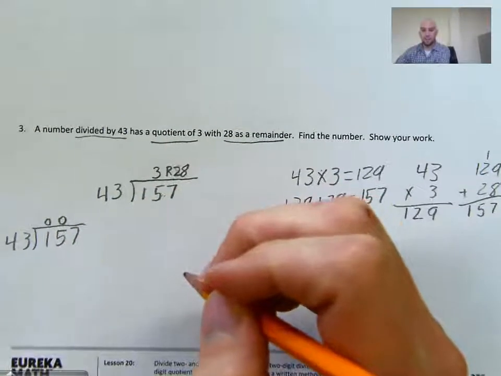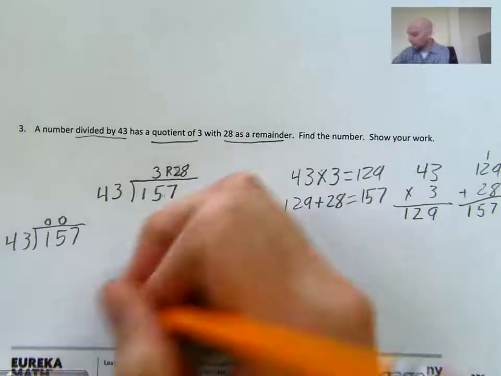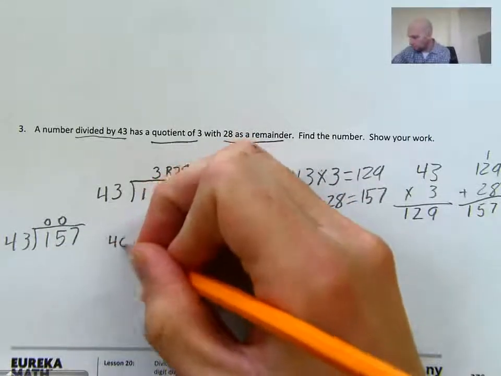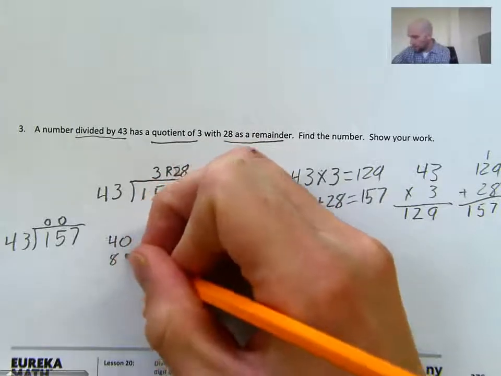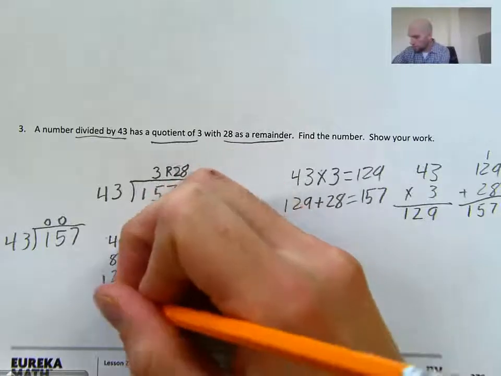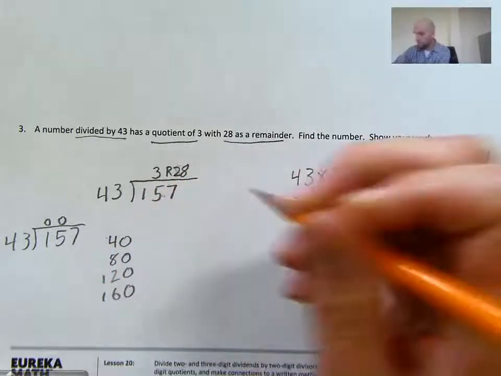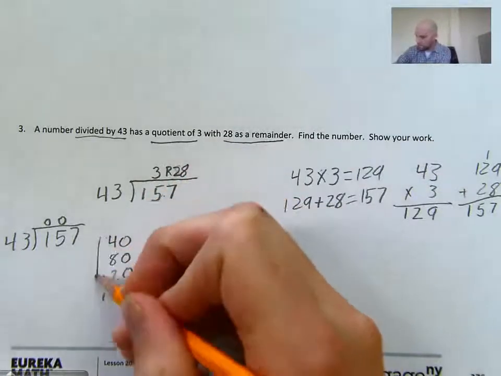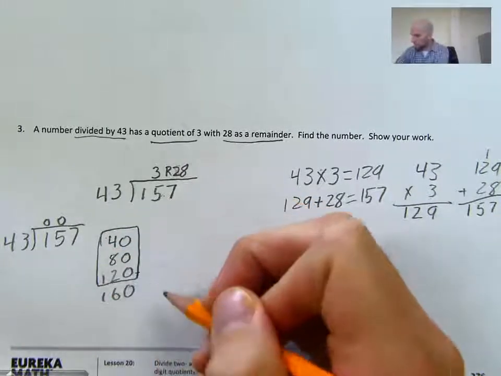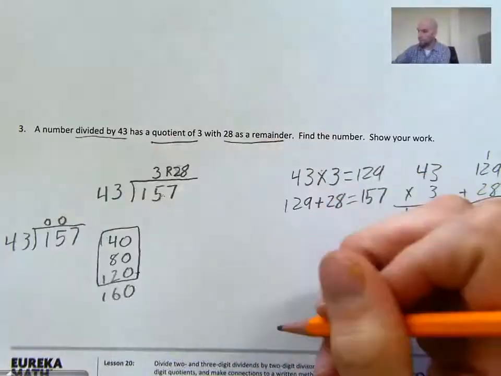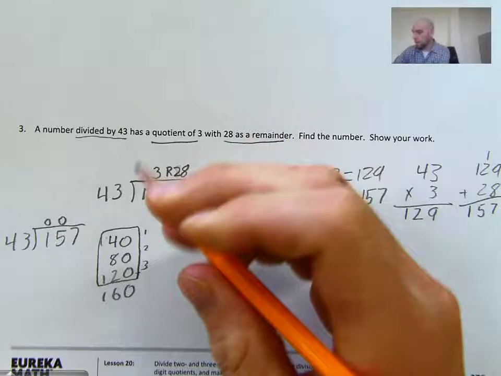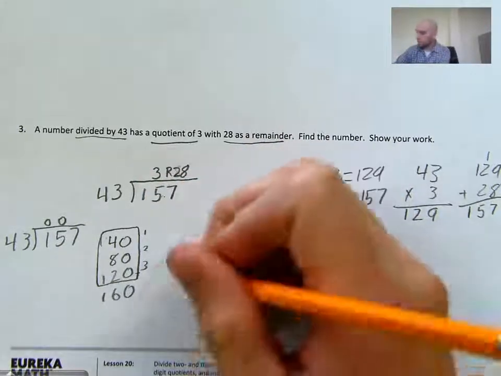Let's multiply 40, make a little factor tree of 40s here. 40, 80, 120, 160. All right, well, 160 is too much, so we'll try 120. But we need to multiply 43 times 1, 2, 3 to figure out what we need to subtract.